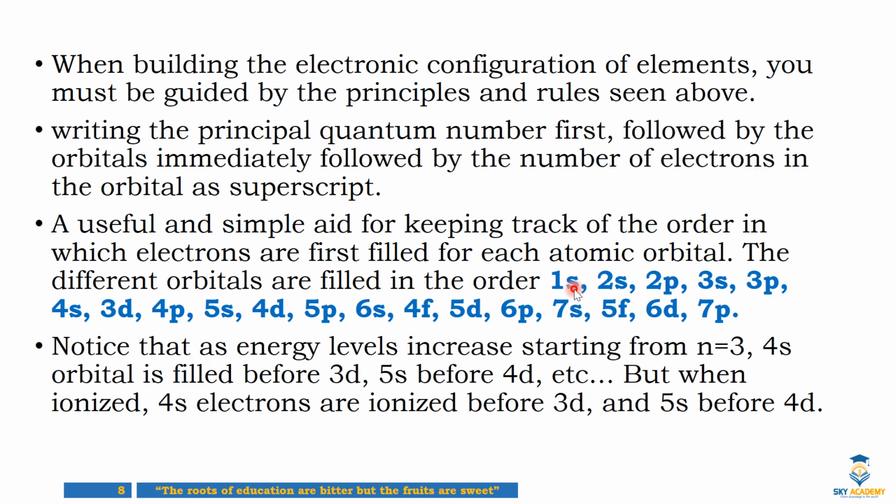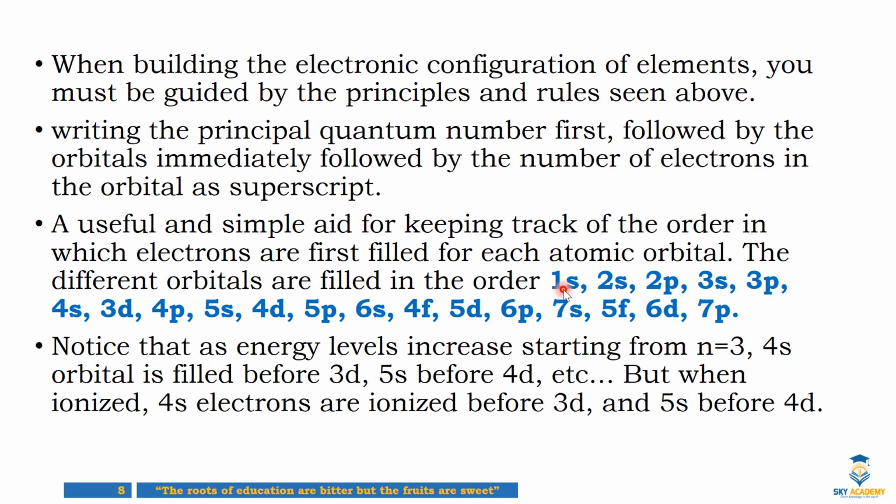You have seen that the number of electrons is equal to the number of protons, which is equal to the atomic number, in a neutral atom. So if the atomic number is 10, the number of electrons is also 10 for a neutral atom.